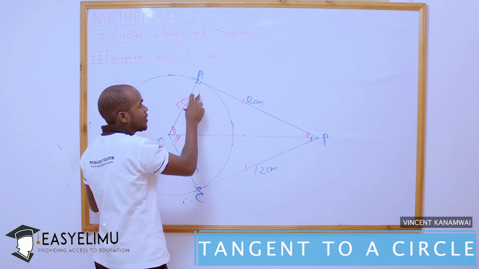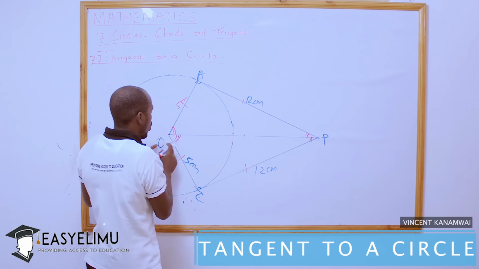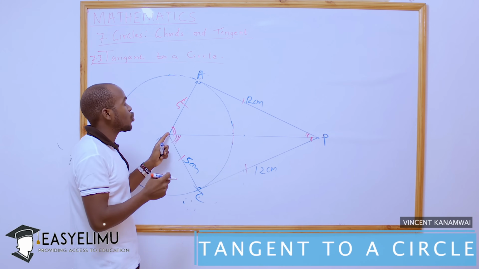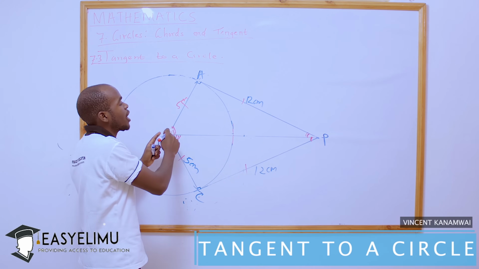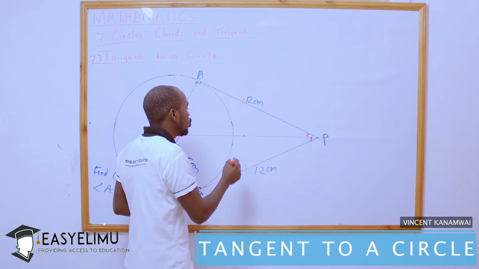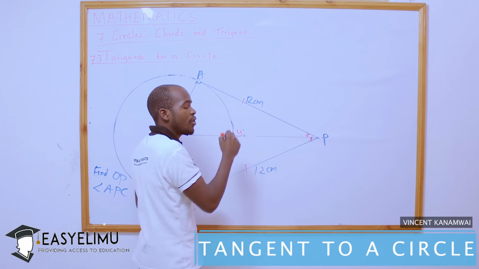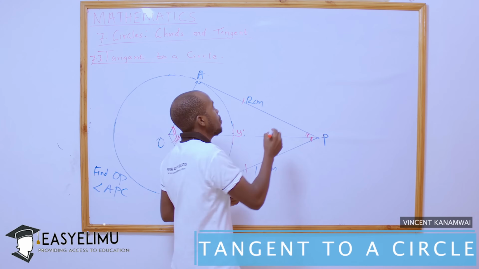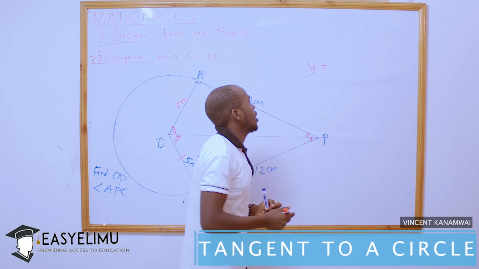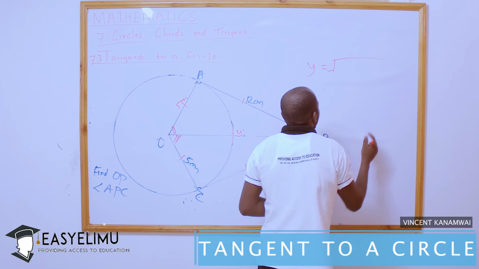That gives triangle OPA, where the base is 5, the height is 12, and the hypotenuse is what we are seeking, and we can call it y.